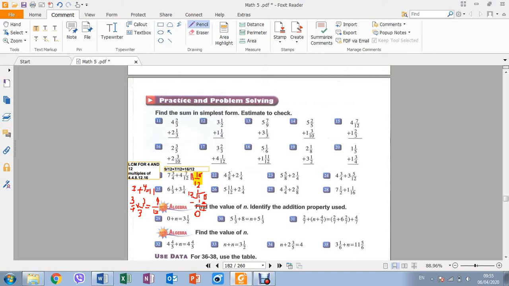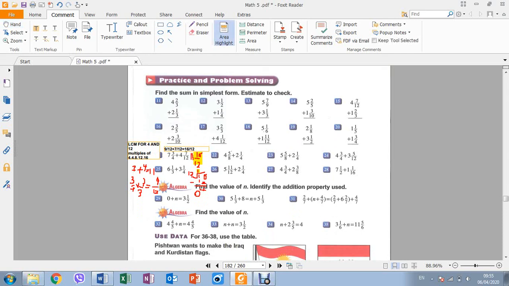Now look, our equation. The quotient is a whole number, and 4 is the remainder. Now it means what? 11 plus 1 equal to what? We have these two numbers, because we have 1 in the quotient. 11 plus 1 is 12. Look, this one is equal to whole number.